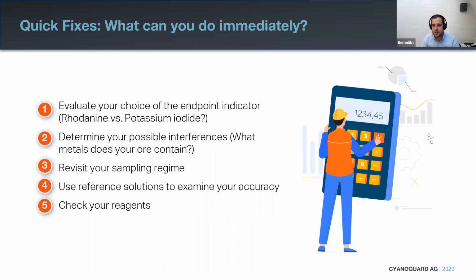And the last one, I think this is something that if any one of you has issues right now with getting a reliable and high quality data pool for your measurements, is to check your reagents and your glassware.